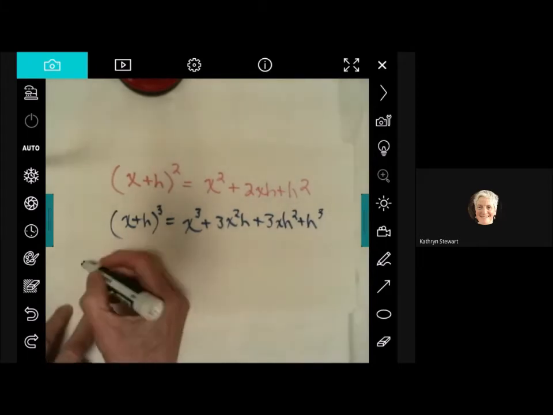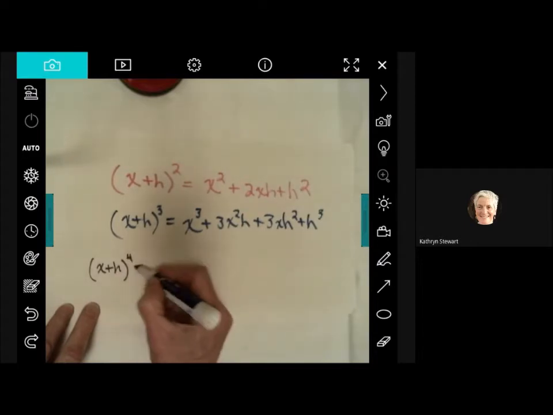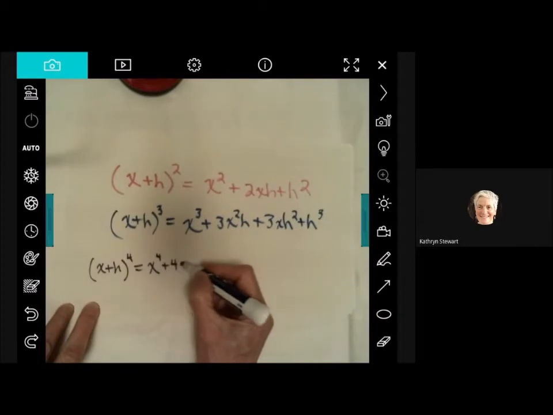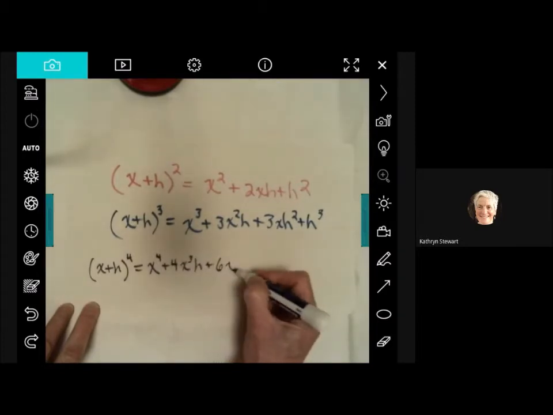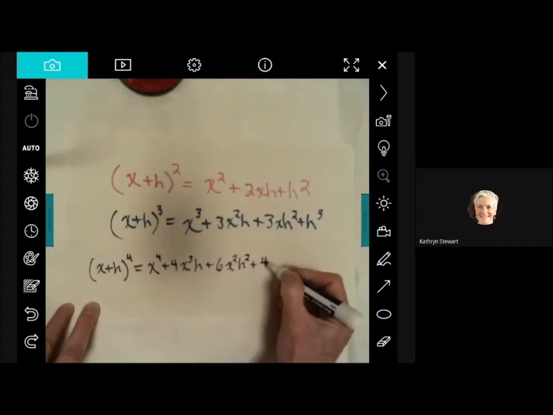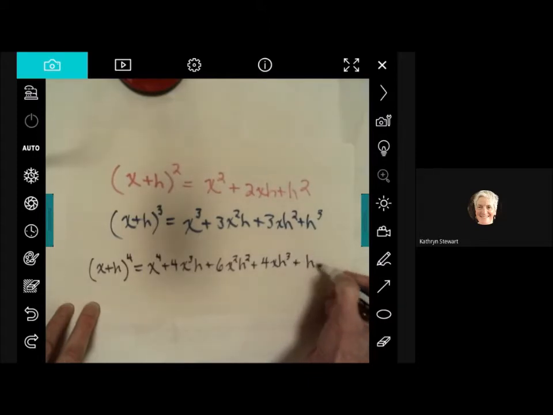Let's do one more. I have (x plus h) to the fourth. It's going to be x to the fourth plus 4x to the third h plus 6x squared h squared plus 4xh to the third plus h to the fourth.